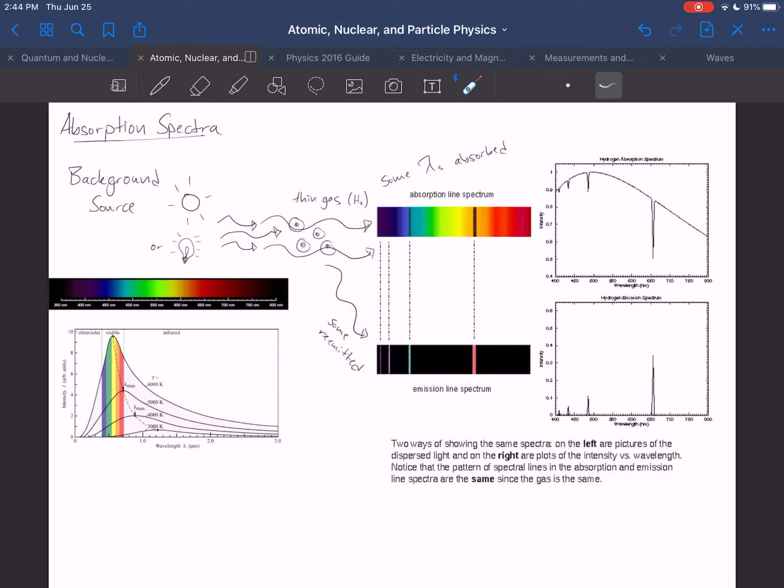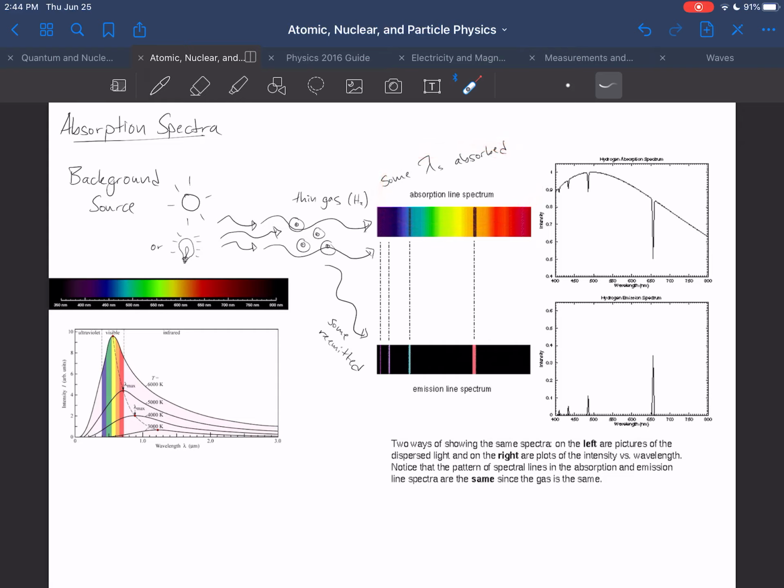This produces dark lines in the otherwise continuous spectrum. So if you have a continuous spectrum that normally would look like this, then actually what you see are these dips in that continuous spectrum that correspond exactly to the energy levels of the gas itself. So instead of seeing bright lines at those discrete wavelengths, you see dark lines at those discrete wavelengths.